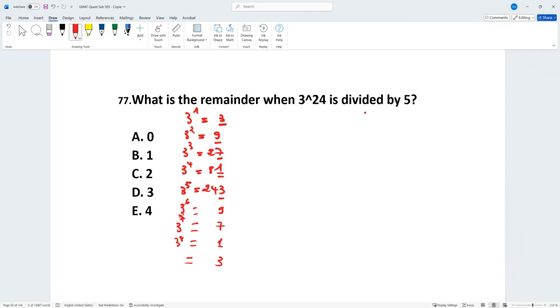So the pattern of the unit digits of the powers of 3 is going to repeat itself every 4 exponents.